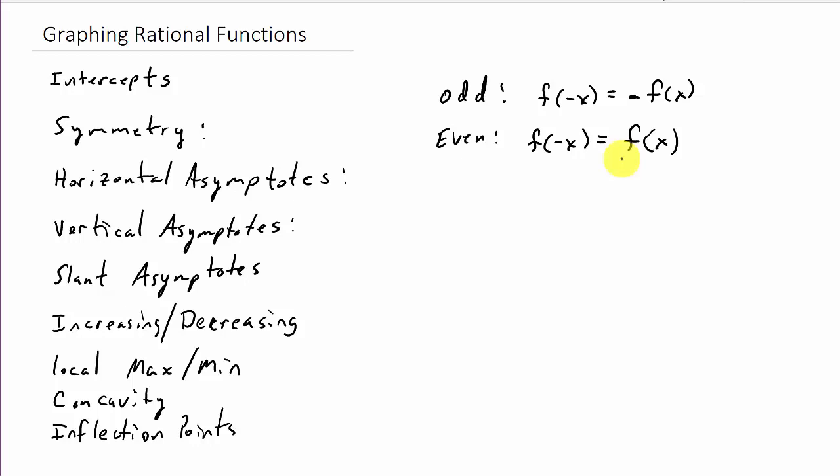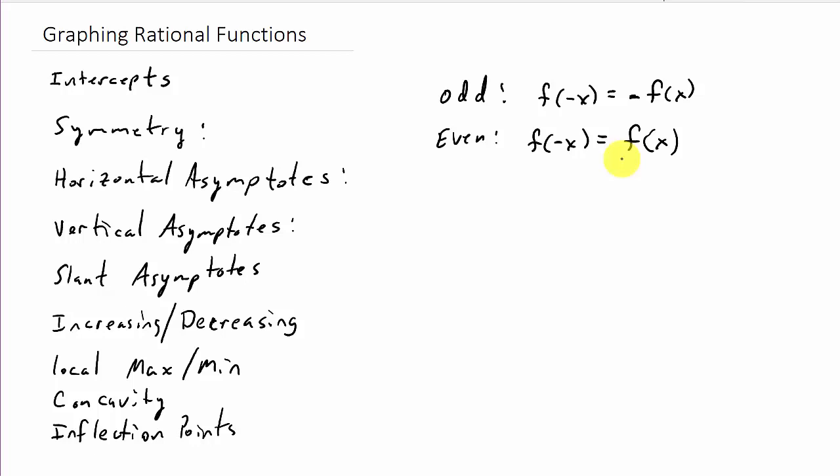You may have one or two or more. Then you take the limit as x approaches those numbers from the left and from the right. And if that limit equals infinity or negative infinity, then there's a vertical asymptote there.